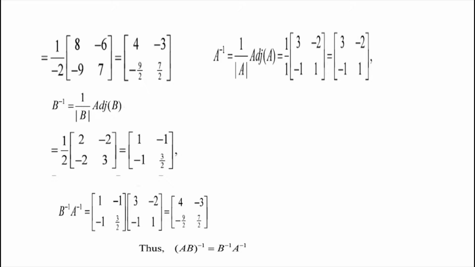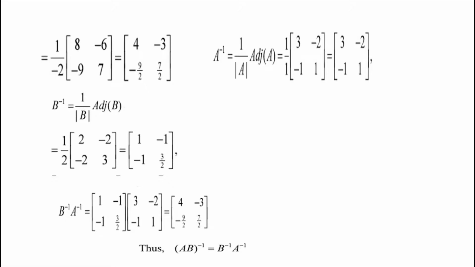This is a 2 cross 2 matrix. Similarly, we calculate A inverse. The A matrix is given and we calculate its inverse, and on the same pattern we calculate B inverse, which is equal to the adjoint of B divided by the determinant of B. The determinant of B is equal to 2 and the adjoint is 2, minus 2 in the first row and minus 2, 3 in the second row.